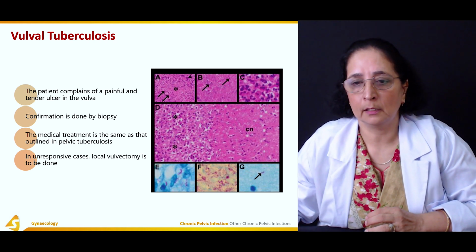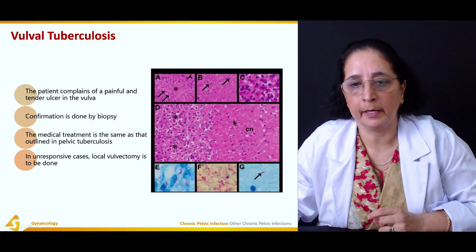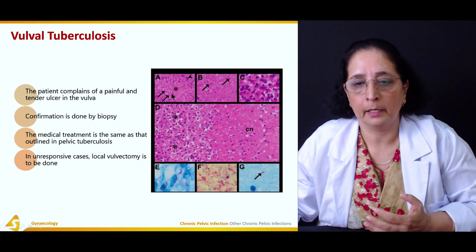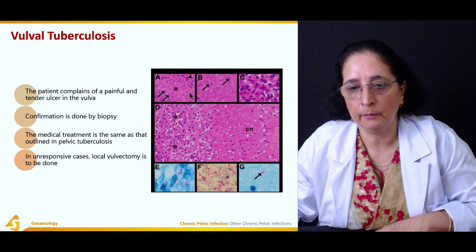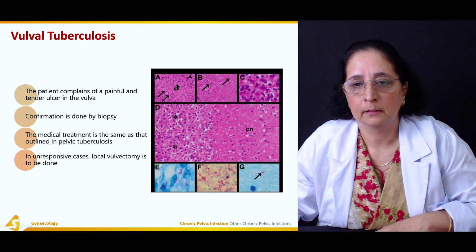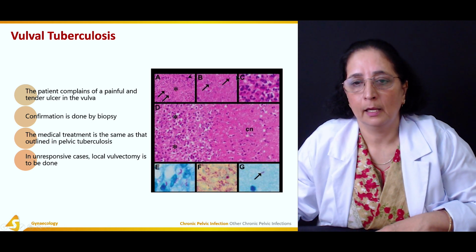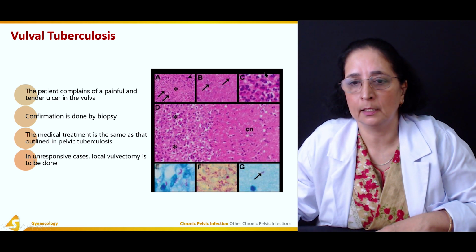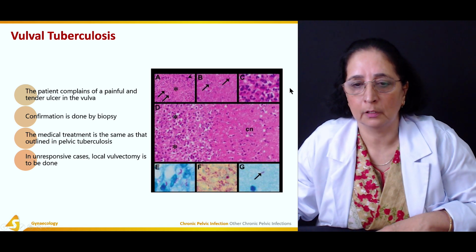Here are the diagrams of the infections present in the vulva, stained and unstained. These are all the different lesions. These are all the cells present in excess number during the infection.